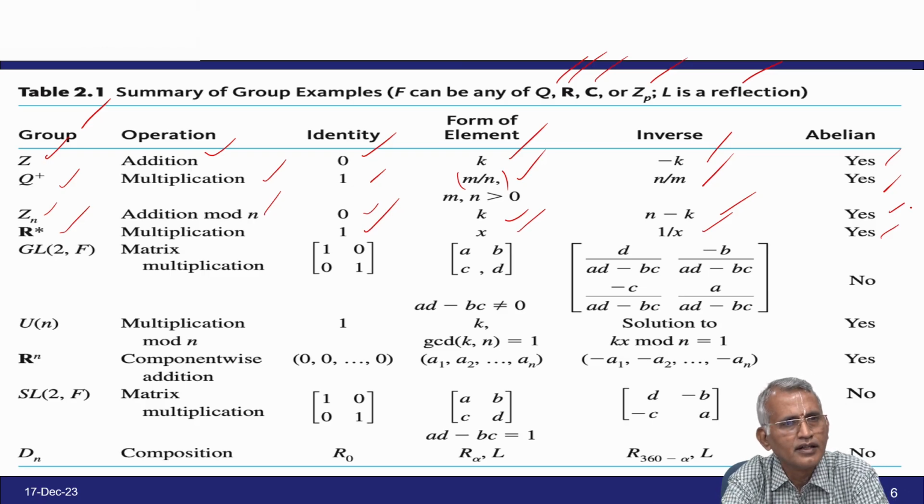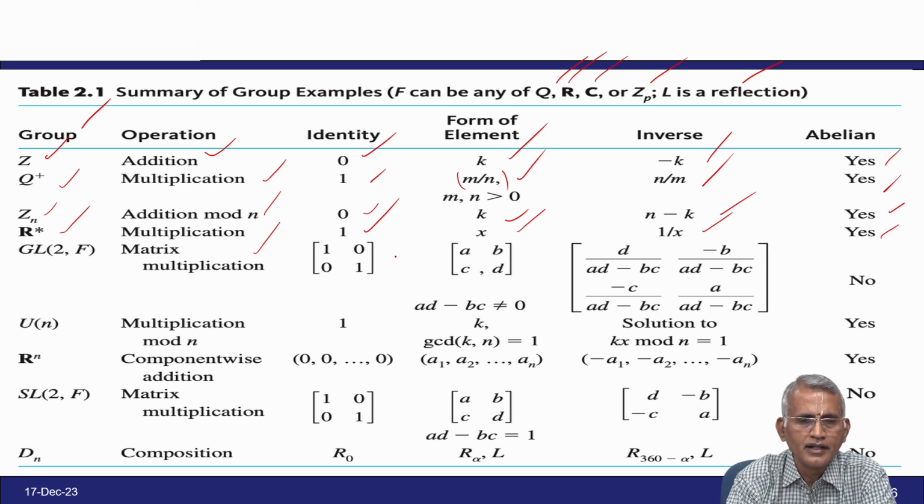Next one is GL of 2 comma F, meaning the matrices. The matrix is 2 cross 2, and the elements may be rational or real or complex, whatever the set may be. Under matrix multiplication, the identity matrix is 1 0 0 1.